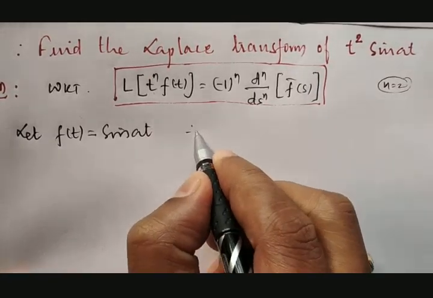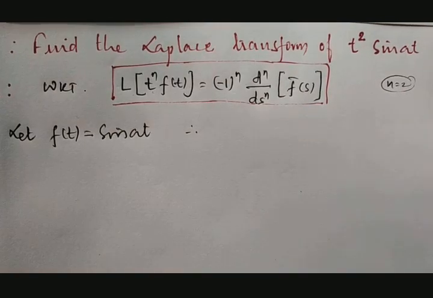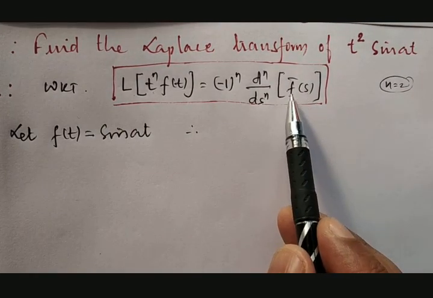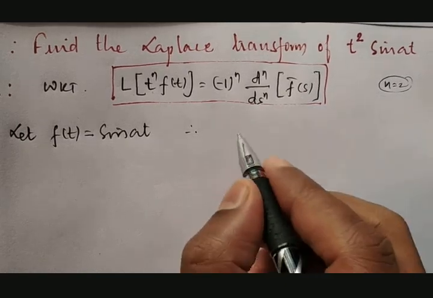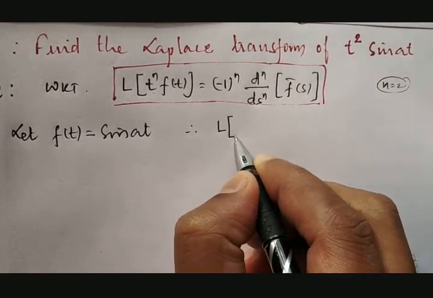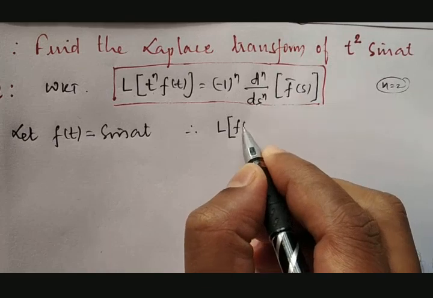If you know f of t, then what else is required? f bar of s is required. What is f bar of s? It is finding the Laplace transform of the given function f of t.